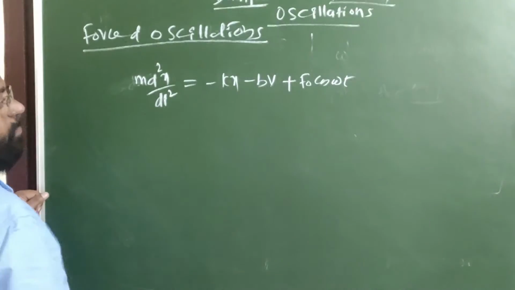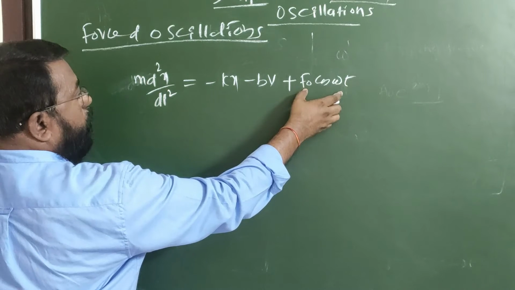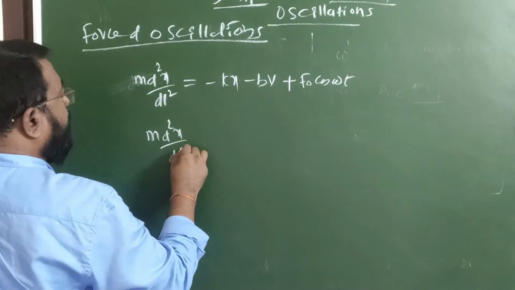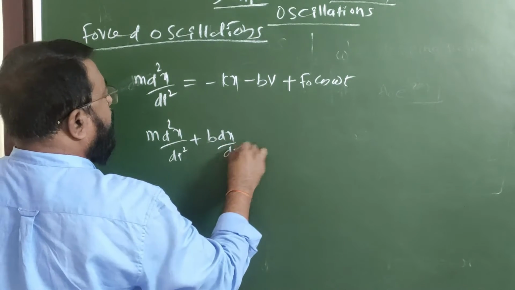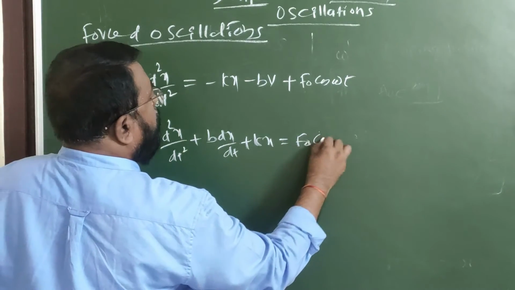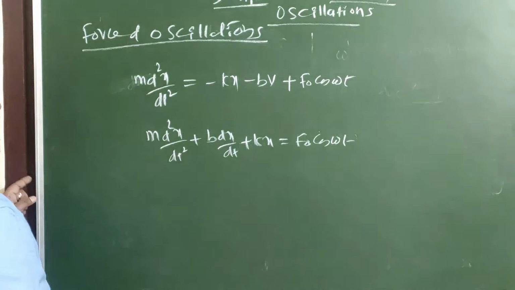This is the constant periodic force we have to apply. From this, m into d square x by dt square plus b into dx by dt plus kx is equal to F naught cos omega t.